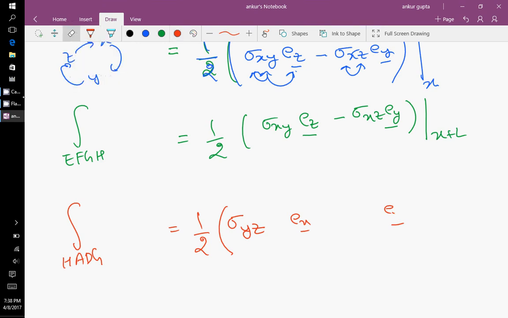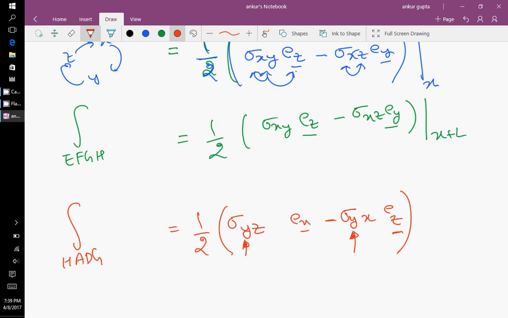ez, because the normal was in the y direction. So if the normal was in the x direction, you only had y and z components. If the normal is in the y direction, you will only have x and z components. So yz x minus, you will have minus yxz. Initially you need a y here, and at the end you need x and z.